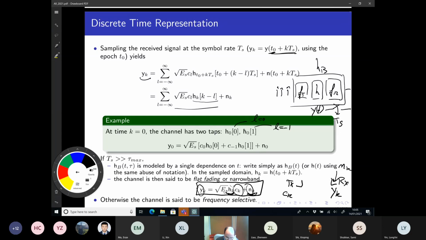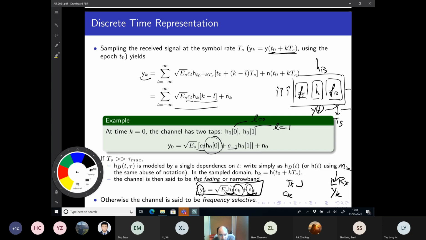And so if we have only two values of this quantity that are non-zero, and all the rest are equal to 0, essentially the sum boils down to just a sum over two values. I have the values at c0 and the values at c-1. So c0 is multiplied by essentially the impulse response of the channels, if you like, evaluated at time 0.